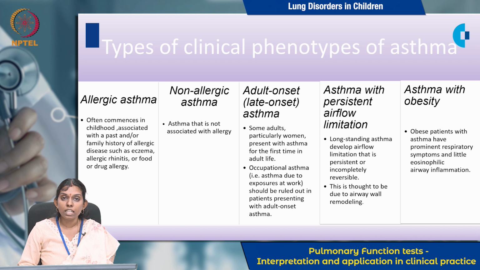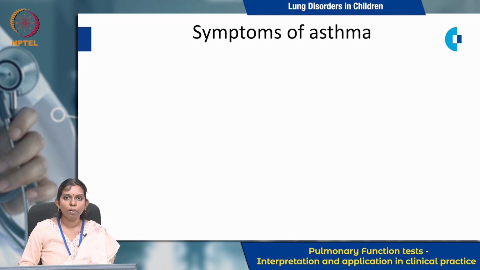Next, asthma with persistent airflow limitation. This long-standing asthma can also cause airway remodeling. And the last and the final is asthma with obesity, where an obese child will have prominent respiratory symptoms and little eosinophilic airway inflammation.